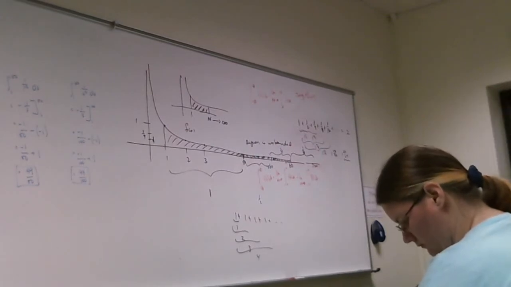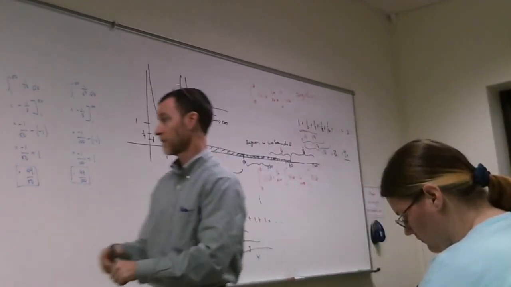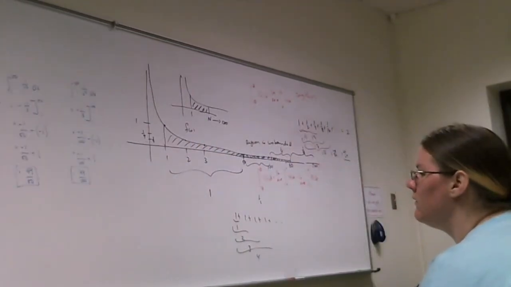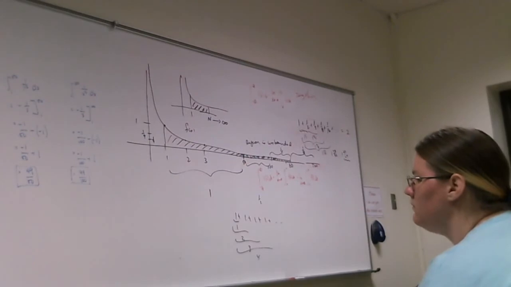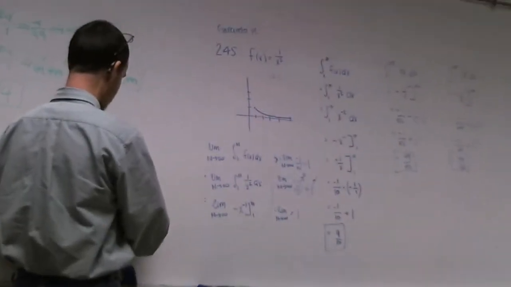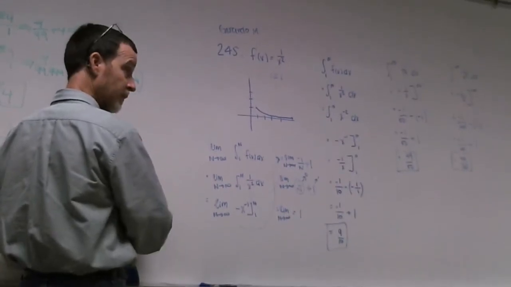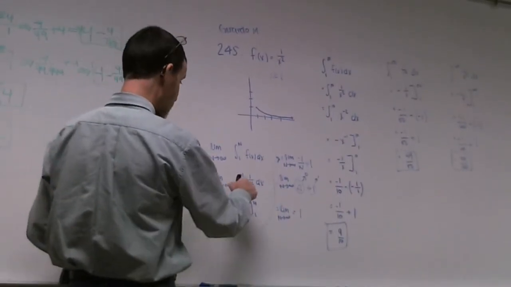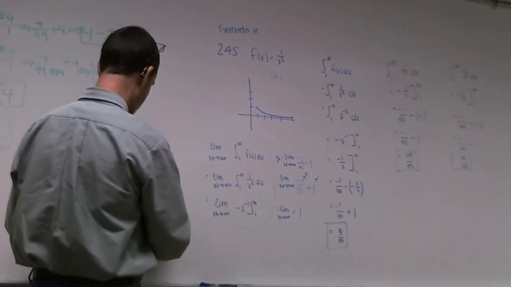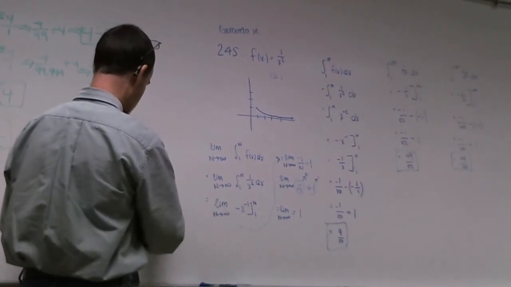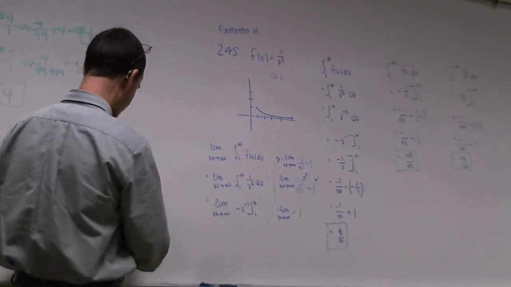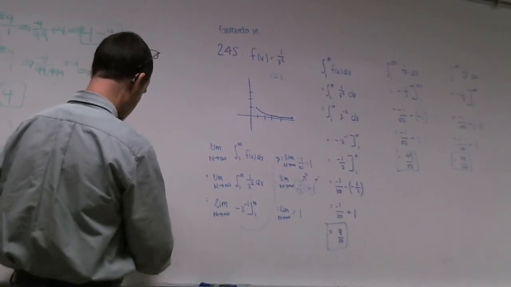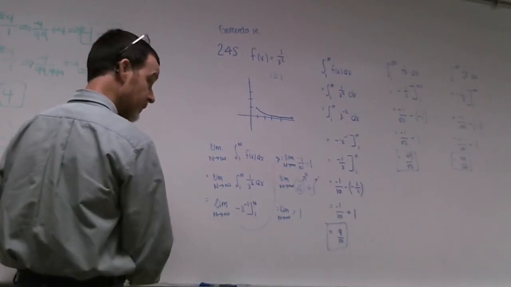Okay. What you guys got? Here? Yeah. You got the antiderivative, right? Yeah. X to the negative 2 is negative x to the negative 1. Right? So then he plugs into this. So he gets negative 1 over n minus a negative 1.